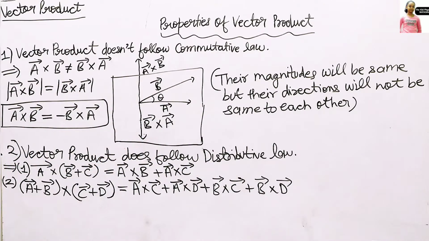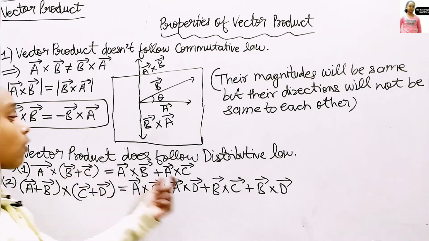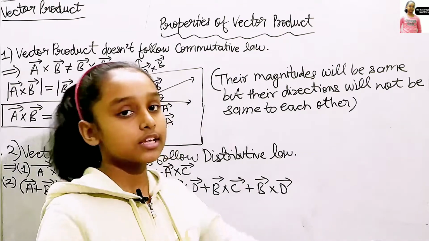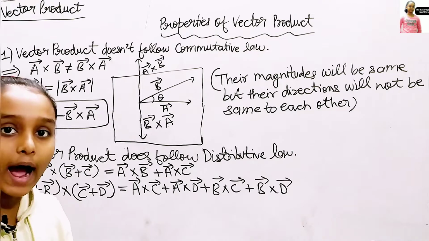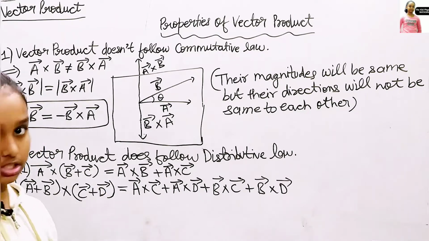So this one is the correct one? Yes or no? Of course yes. So you can see that vector product does follow distributive law. So we have also proved that this property is correct. Through these examples, we can show anyone that this property is 100% correct.